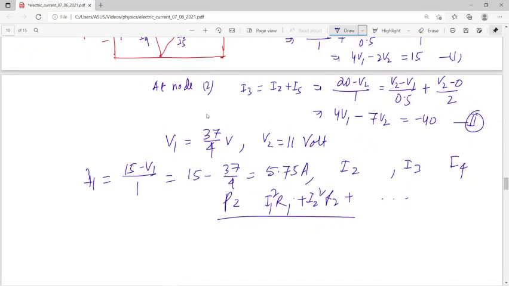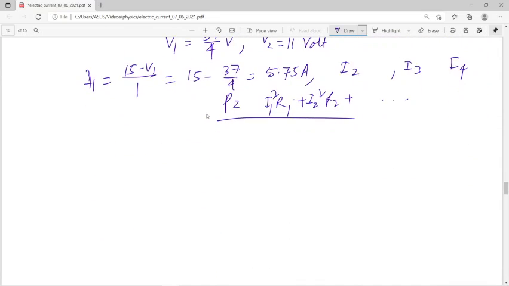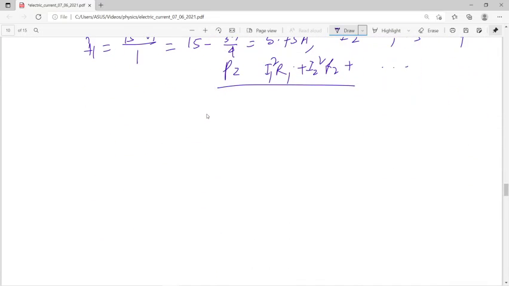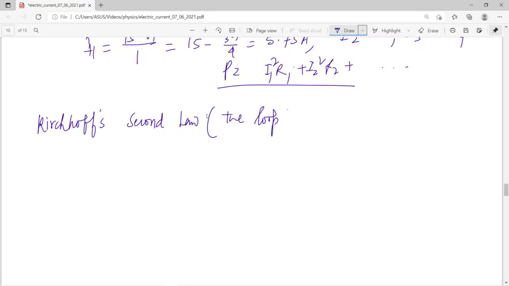Now the next rule, I think it is clear to all of you, is KVL, that is Kirchhoff's second law, or the loop law, or Kirchhoff's voltage law.